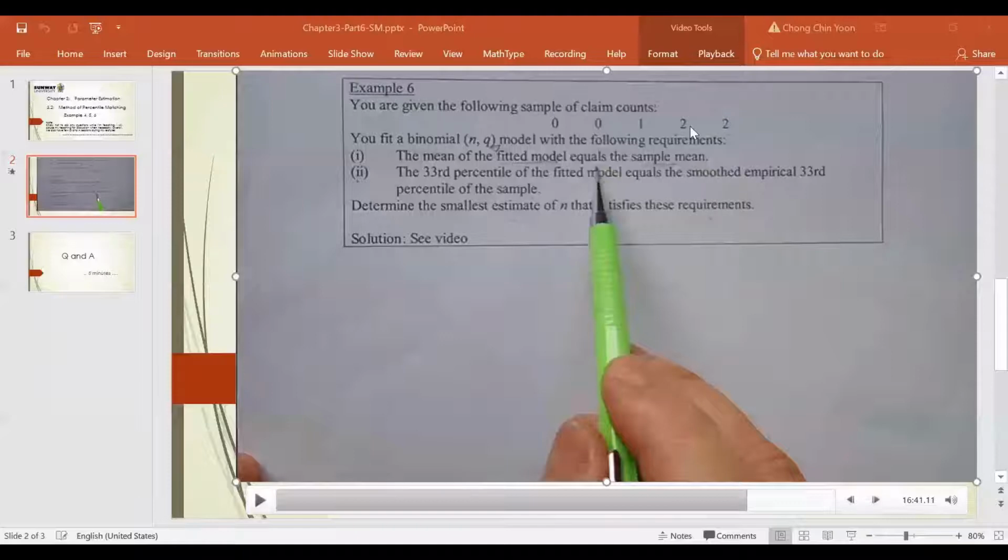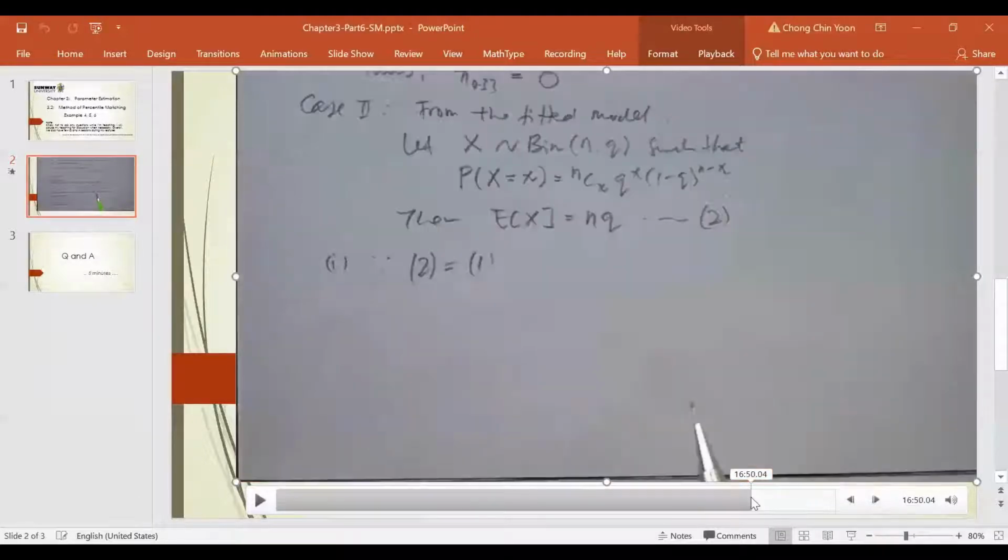And the fitted model is a binomial distribution, so if X is binomially distributed, the mean is of course n times the probability of success, that's nq. So you have to understand the question before you solve the problem.